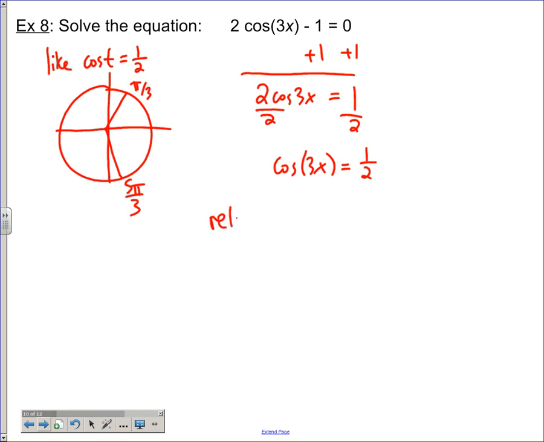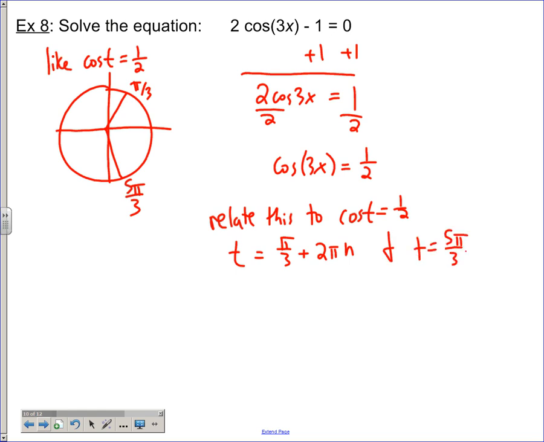So we relate this to cosine t equals 1/2, where t would be equal to pi over 3 plus 2 pi n, and t equals 5 pi over 3 plus 2 pi n. But now what I'm going to do is erase my t's, and switch them for 3x. Because that's really what the angle is, 3x.